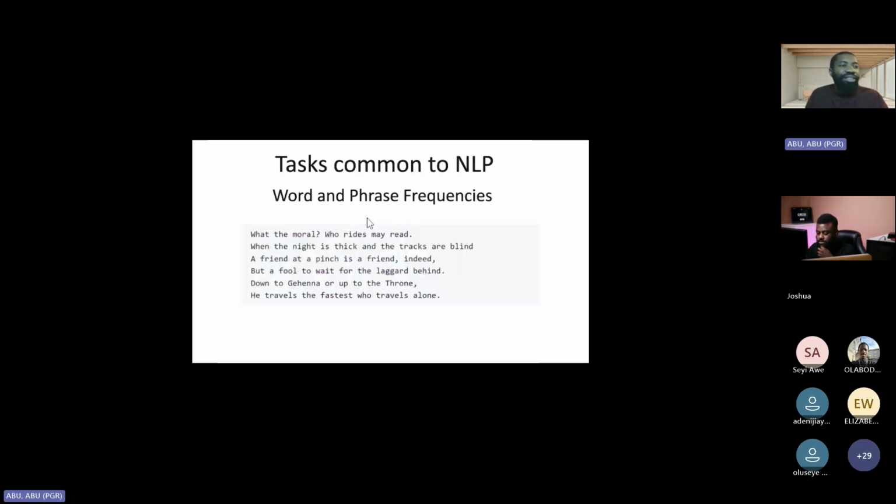Then the other thing that we do in natural language processing is word and phrase frequencies. Each word has a score of how frequently that word is used. A very direct example of where this kind of method is used is in sentiment analysis, where you're trying to get the overall sentiment of a text.